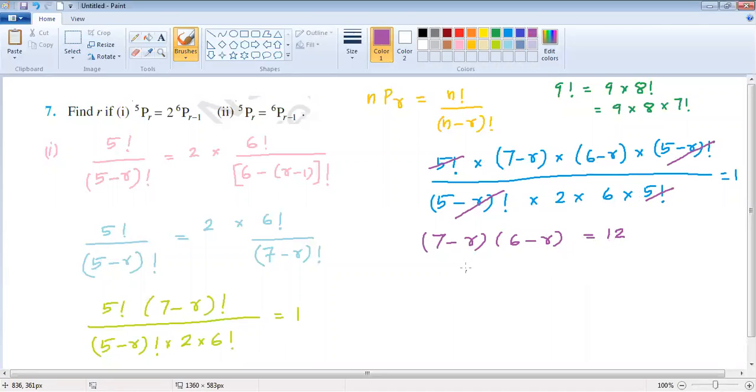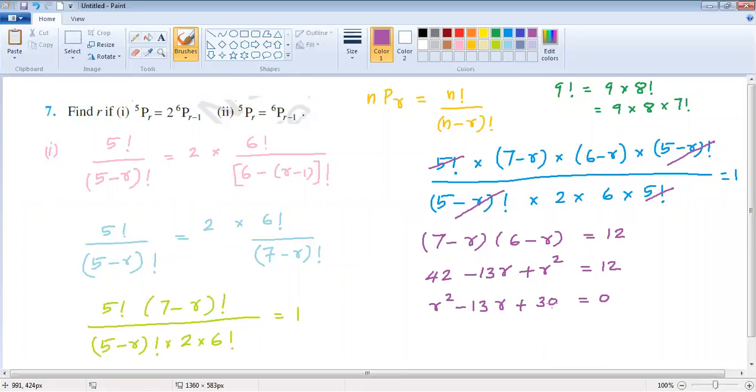So now multiply this 7 into 6, 42, minus 7r, minus 6r, so minus 13r, minus into minus plus r square is equal to 12. So in other words, r square minus 13r plus 42, then 12 from the right side comes to the left side, minus 12, 42 minus 12, that is plus 30, which is equal to 0.